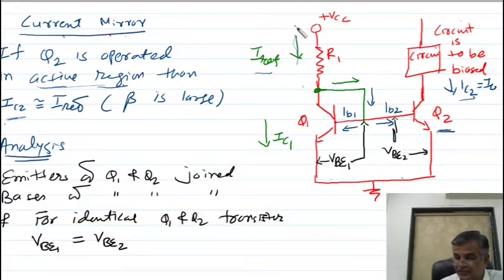This current is a reflection of this current. Therefore, this is called a current mirror. And what is the condition? Beta should be large. And the second thing: the transistor should be operated in the active region.